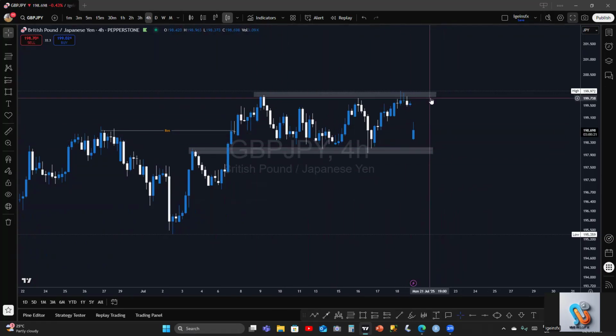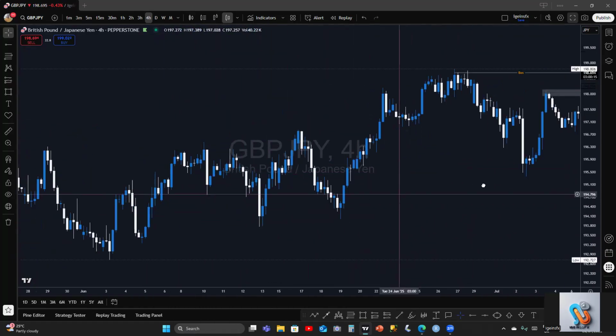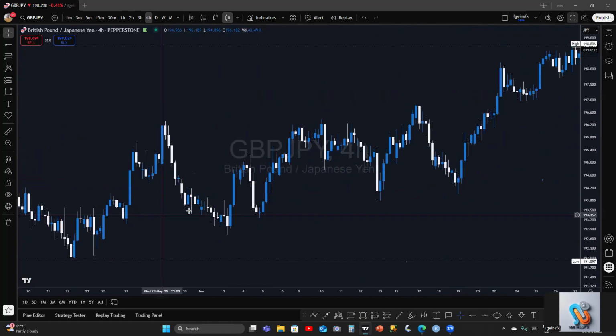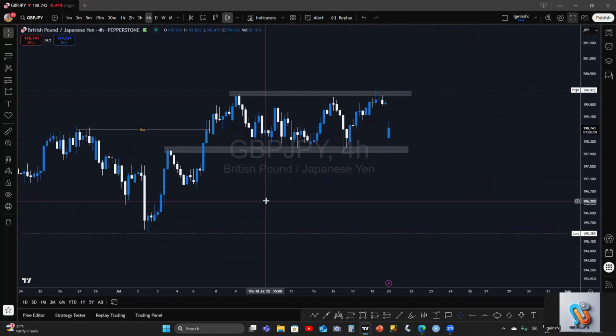Once it breaks out of this range, then we'll know the direction it will take. But before it entered that range, it had been bullish, so it may likely break out to the upside.